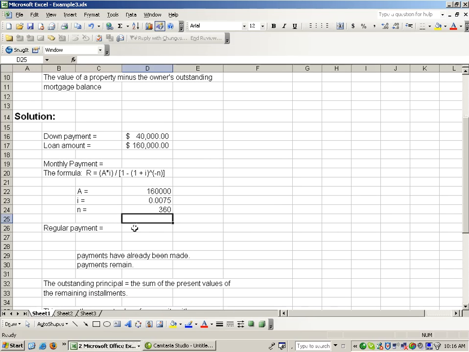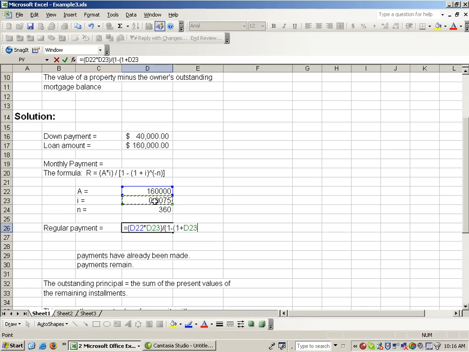Following the formula, R is equal to parenthesis A times I divided by parenthesis 1 minus parenthesis 1 plus I to the power of negative n. Close it twice. Okay, there we have the value of the regular payment.